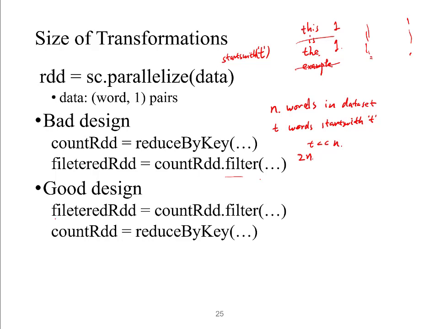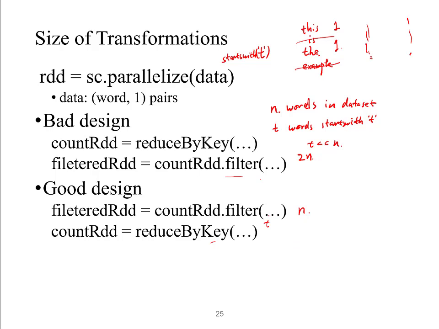And in the good design, you do the filter first and then you do the count. So you first filter, pruning all those words that do not start with T. In this case, it's a linear scan of n records, which leaves you only t records. And these t records will go through reduce by key to get the count.